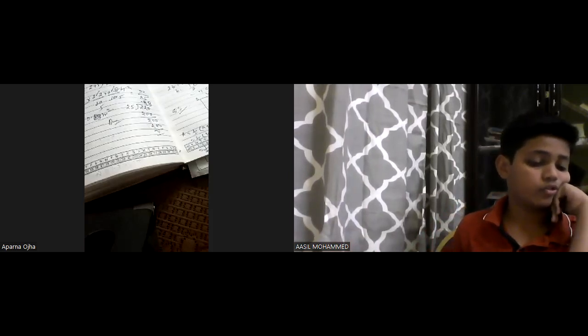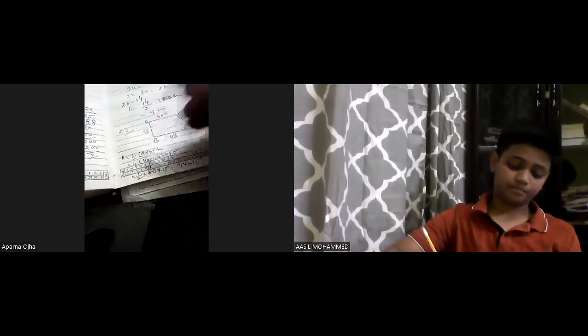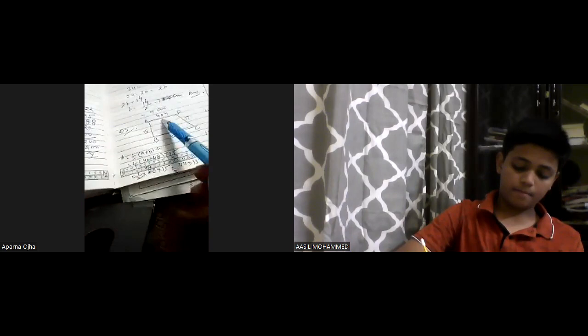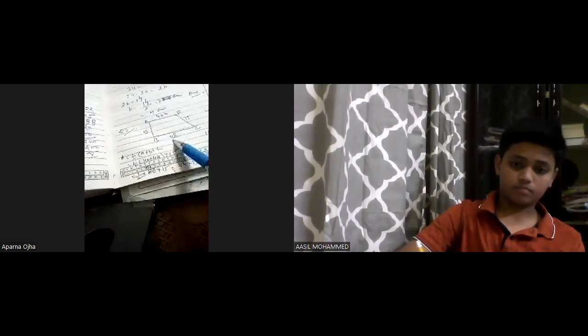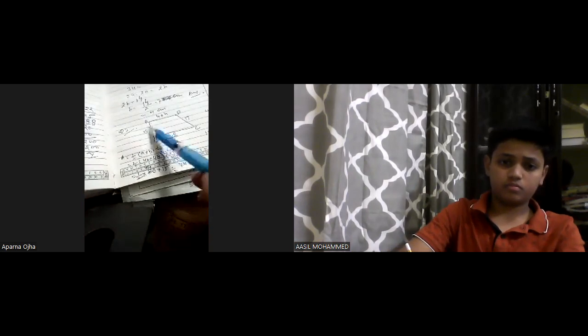Can you find the area now? Yes, we can. Area of the trapezium, A plus B into height. So 40 plus 48. And height, AB will be the height.